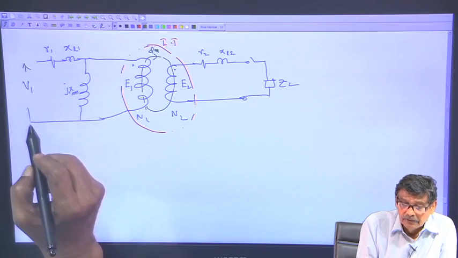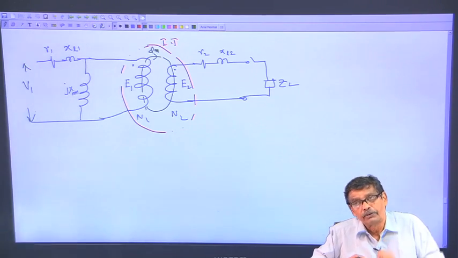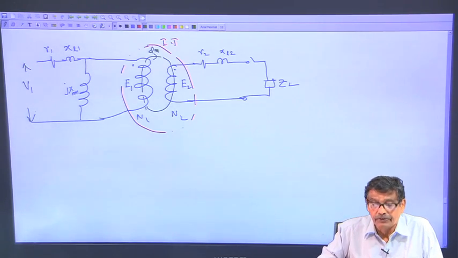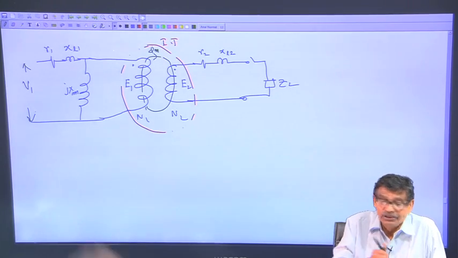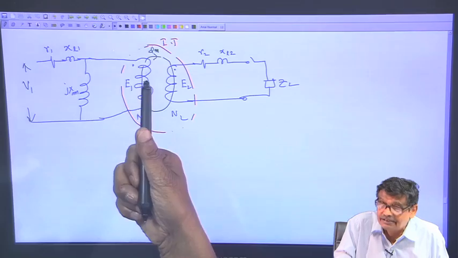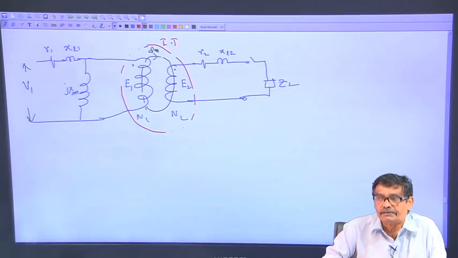Now, we know out of this total supply voltage a portion will be dropped in R1, absolutely no doubt, and there will be another small voltage drop because of leakage flux, which is not going to create your magnetizing current. No, that voltage is consumed by the leakage flux.